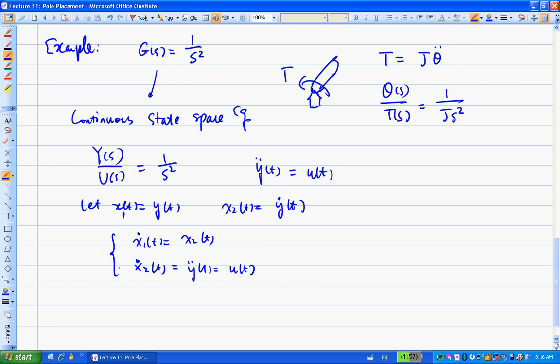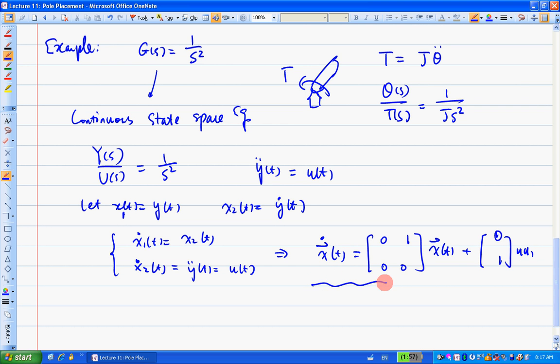That's simple like this. So then the state equation will be x dot equals, what's the coefficient for x1? 0. Coefficient for x2 is 1. The coefficients in the second row for x1 and x2 are both 0, times x(t), plus there's only one u here, so 0, 1 times u(t). So this is your continuous state space model.